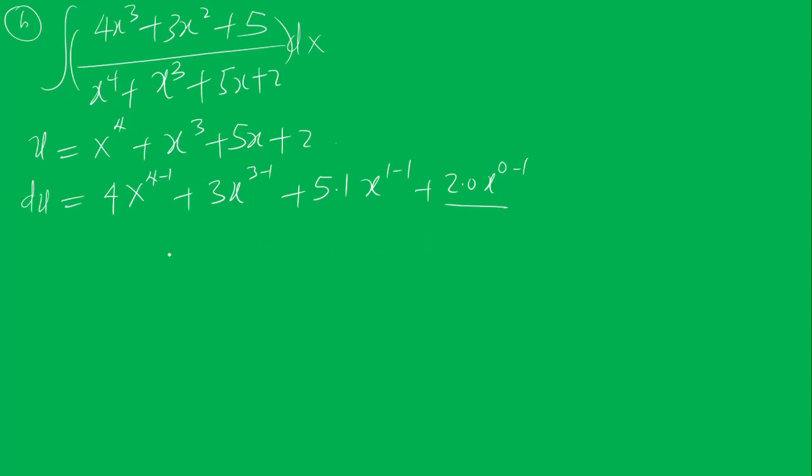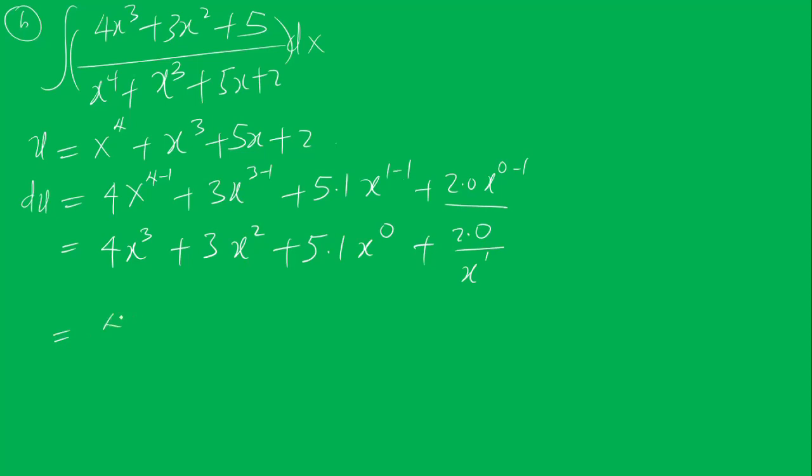The whole of this will be 0. So this will be 4x raised to power 3 plus 3x raised to power 2 plus 5.